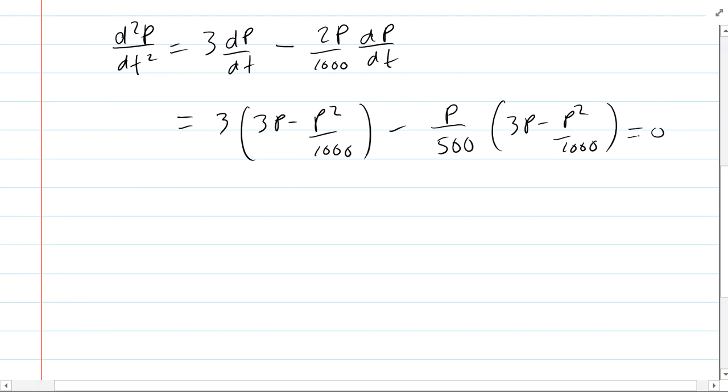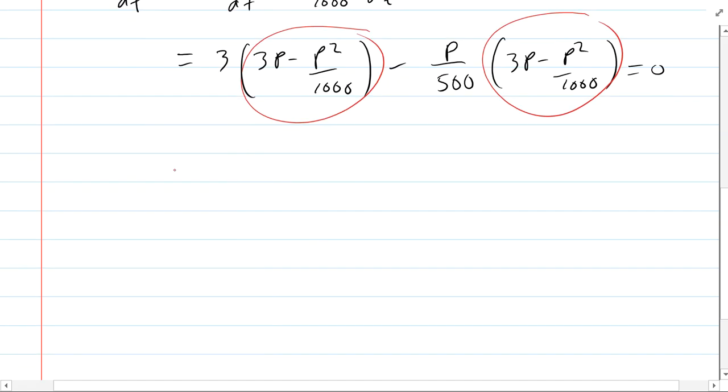Do I need to factor this? Are these the same factor? Can I factor that out of each one of them? So watch what I'm going to do. Oh, wait a second. What did I do? Wouldn't it just be 0? You just do 3 minus p over 500 equals 0? Hang on a second. I'm going to factor a p out. I'm going to factor that p out too.